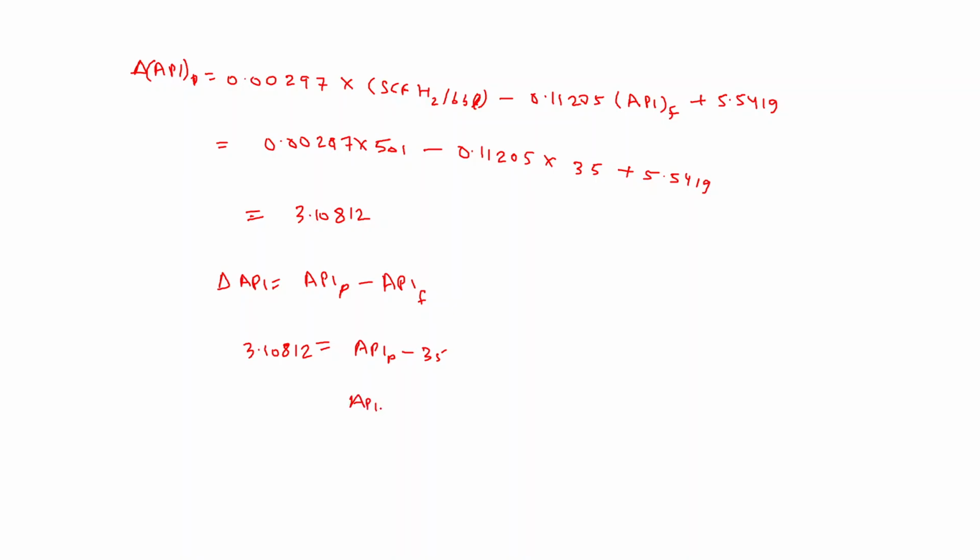So API of product will be 35 plus 3.10812, which will be giving us 38.1081. So the answer is 501 SCF per barrel and 38.10 API.